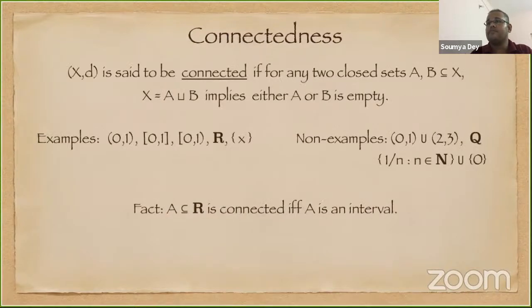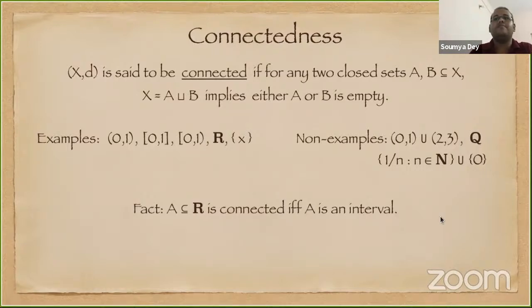Okay. What about connectedness? X with metric d is said to be connected if for any two closed sets A and B in X, if you write X as a disjoint union of A and B, this implies that either A or B is empty. So it's not possible to write the space X as a disjoint union of two non-empty closed sets.